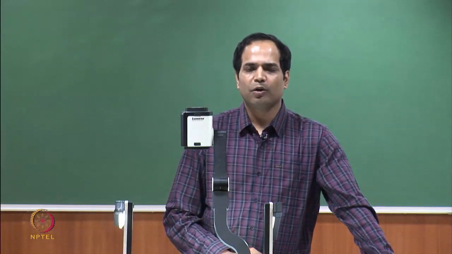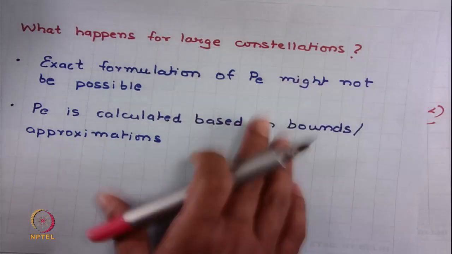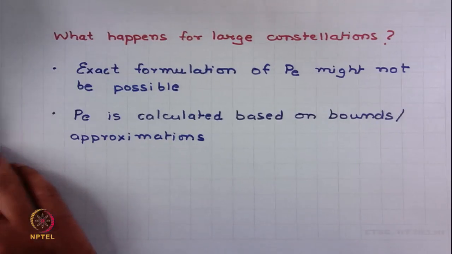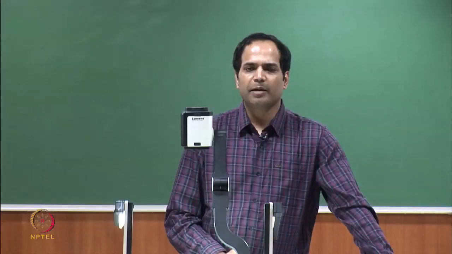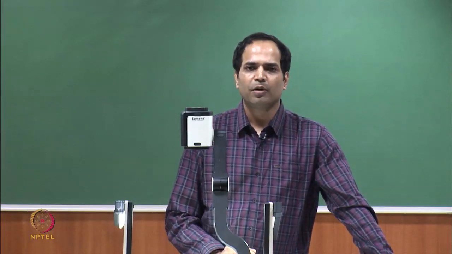Now, the question is, what happens as you increase the number of symbols in the QAM? So, we will continue with QAM, and we would like to understand what happens when you have a large constellation. For example, what happens when you go to 16-QAM or 64-QAM or 128-QAM.